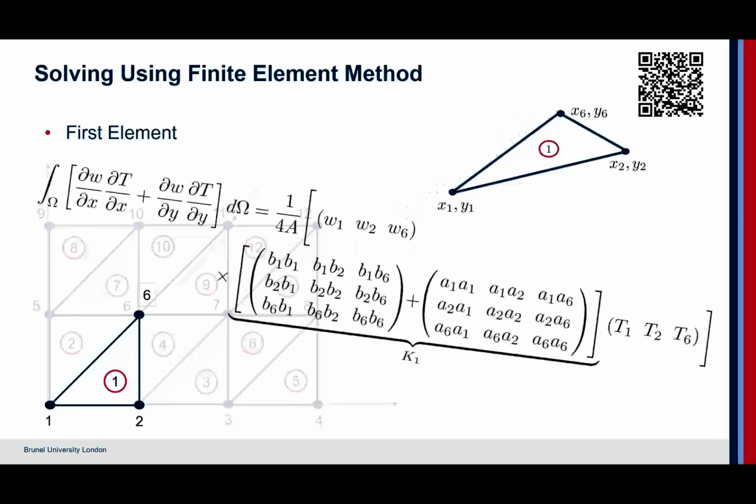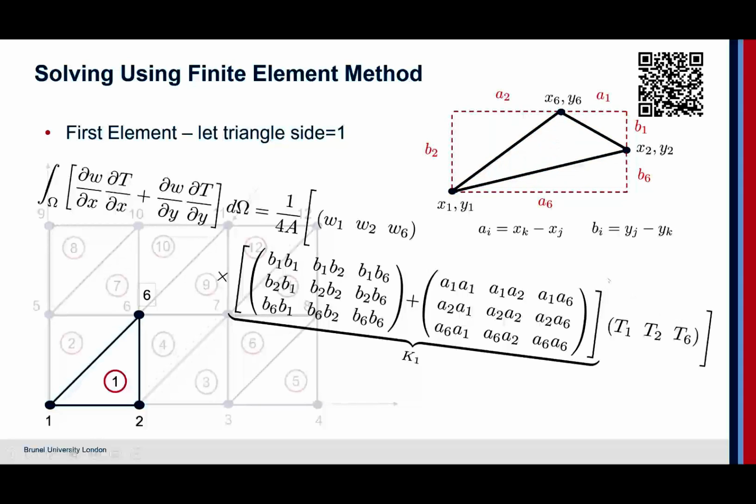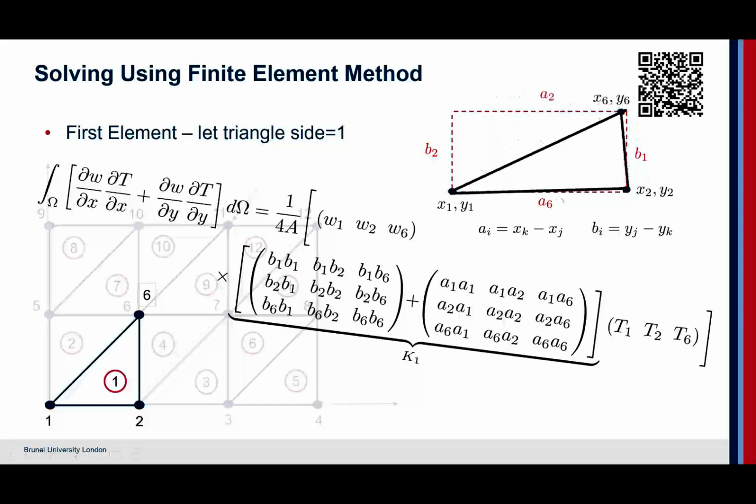So the process now is we take this expression for this first element here. Notice that B1, B2, and B6 are the elements of this matrix here. We're multiplying that by T1, T2, and T6. But the thing to note is this general triangle is in terms of all of these, B1, B2, A2, A3, but actually it only has A6, B1, A2 and B2.